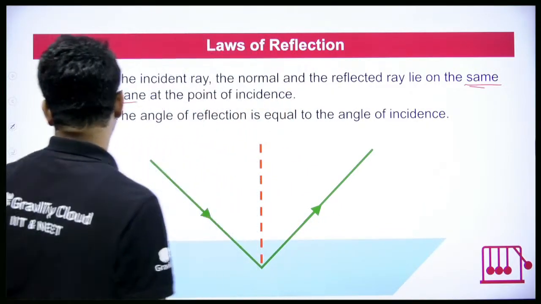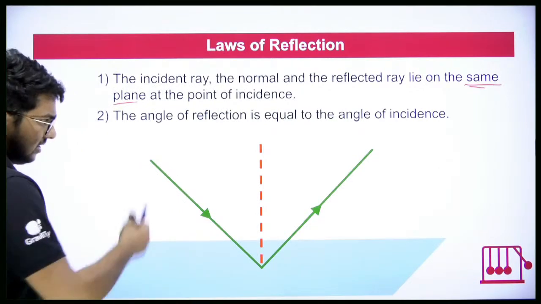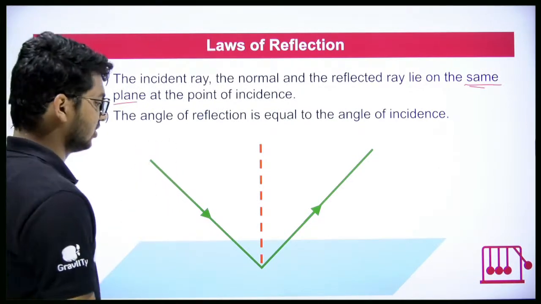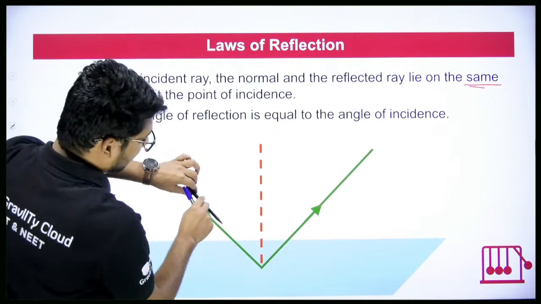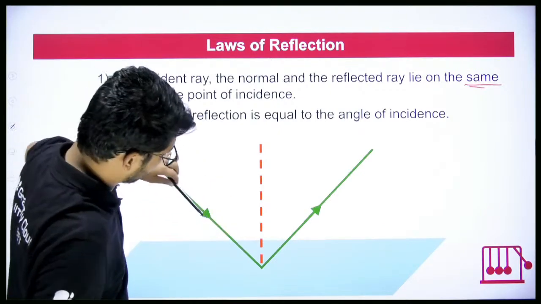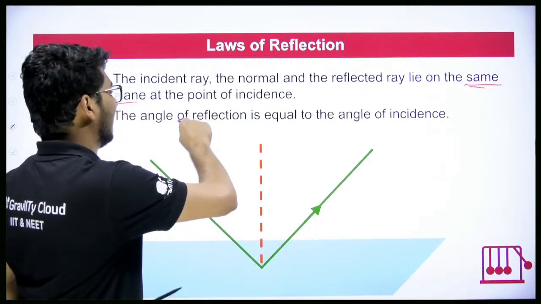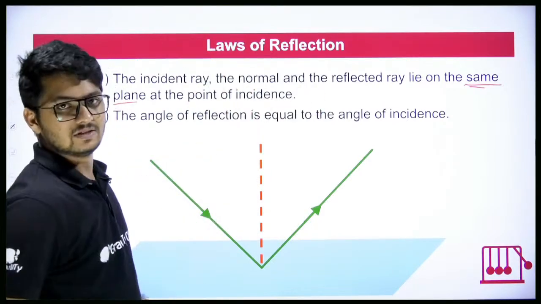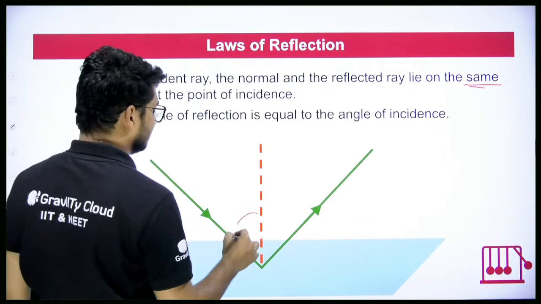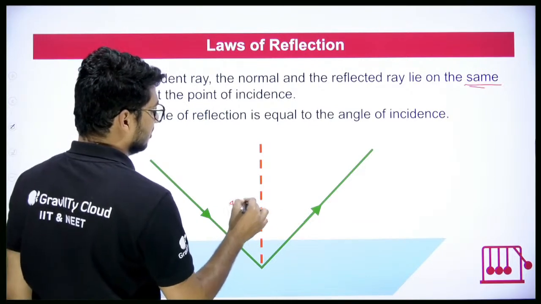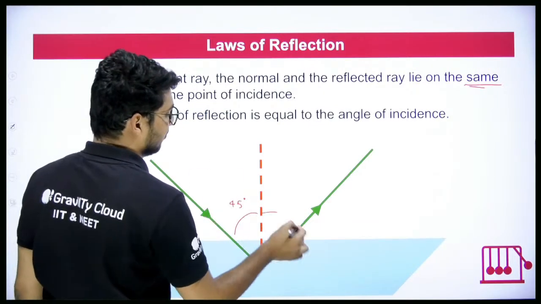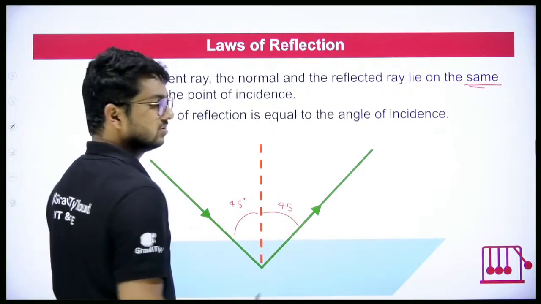I'll give another example, and we'll come back to the laws of reflection. This is the incident ray, sorry, and this is the normal. The second law tells that the angle of reflection is equal to the angle of incidence. Let's say this angle is 45 degrees, so the angle of reflection should also be 45 degrees.